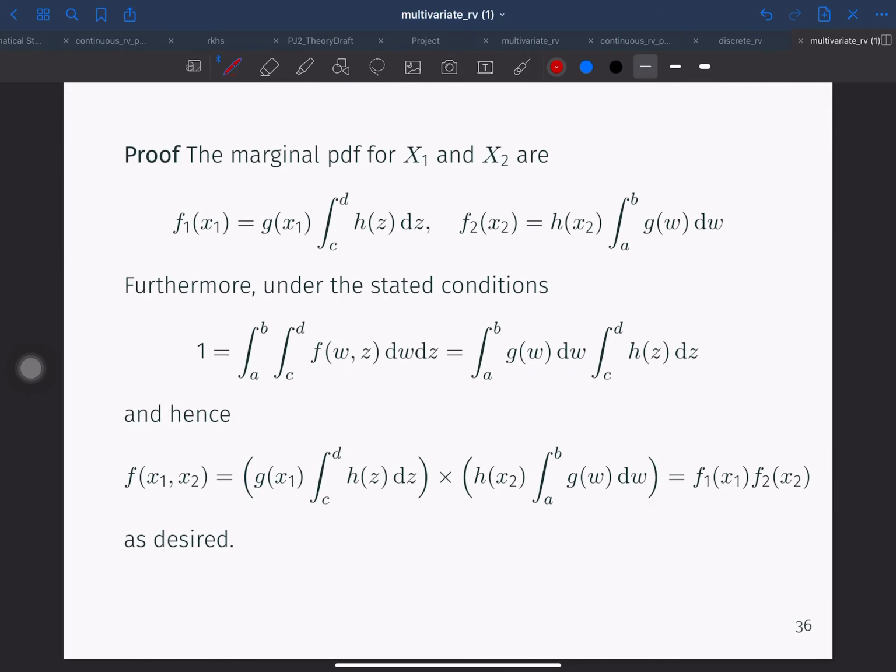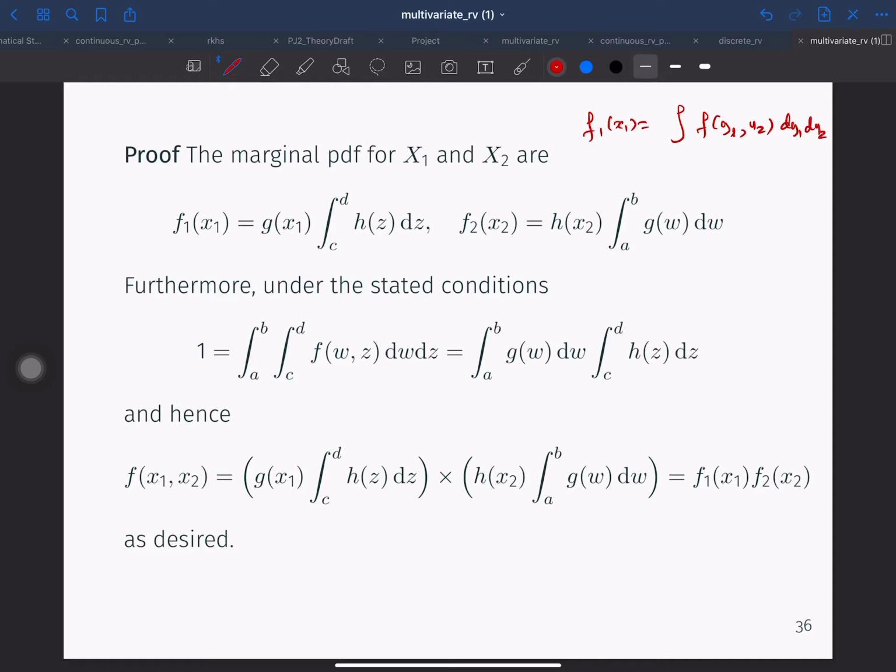So the proof of that result is simply as follows. Due to the way we defined it, we define the marginal f1(x1) to be the integration of f(y1, y2) dy1 dy2.